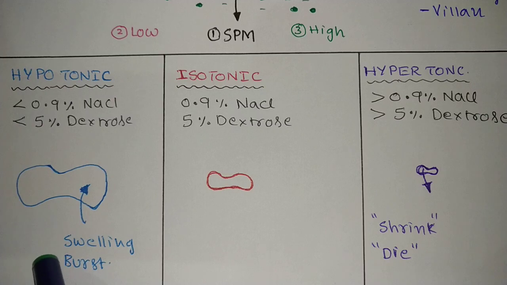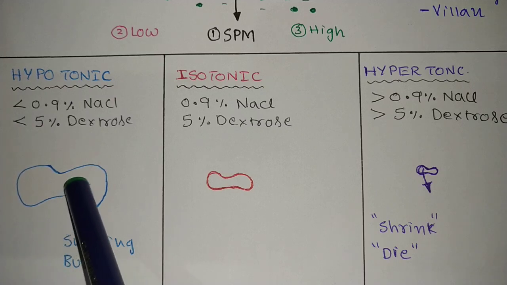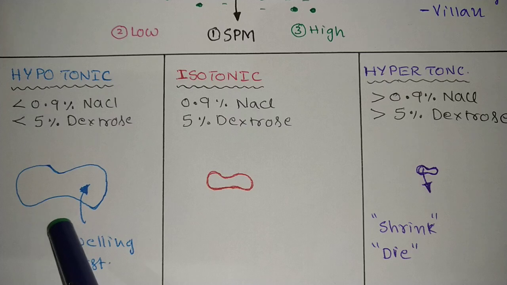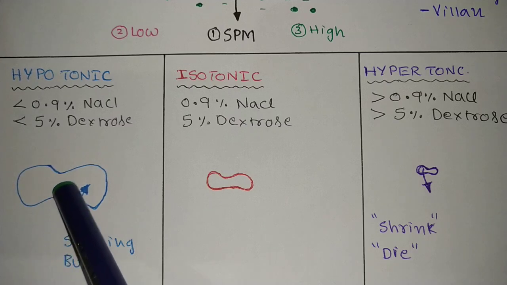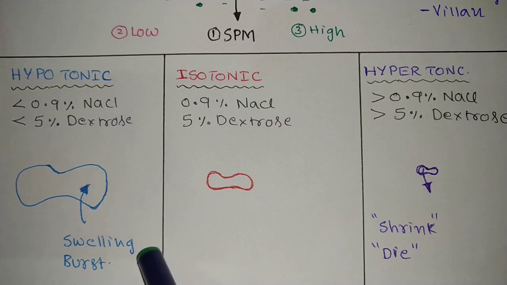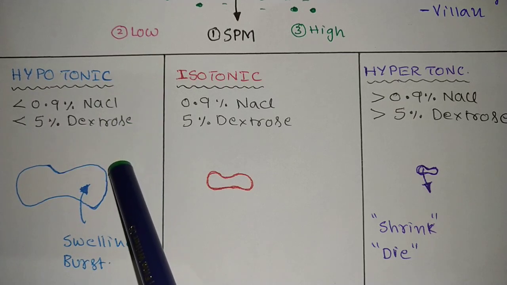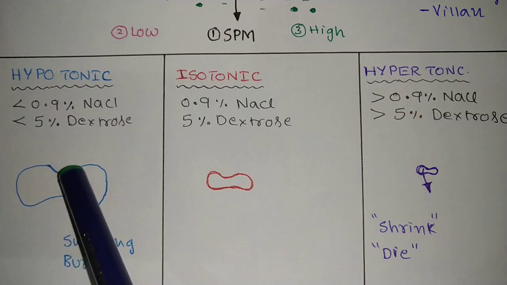The water present in the NaCl, or in the blood, enters into the RBC from low concentration to high concentration. So it starts swelling and finally the RBC will burst. The patient dies because all the RBCs die because of the osmosis.